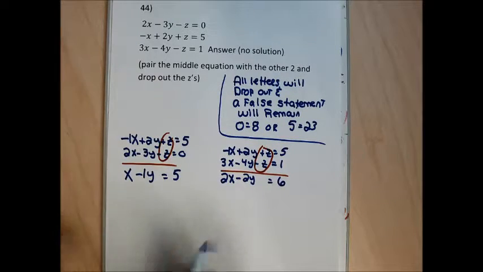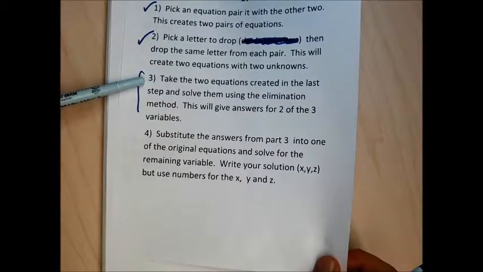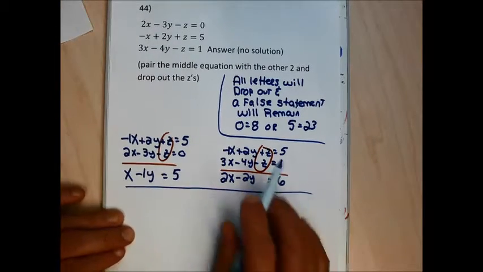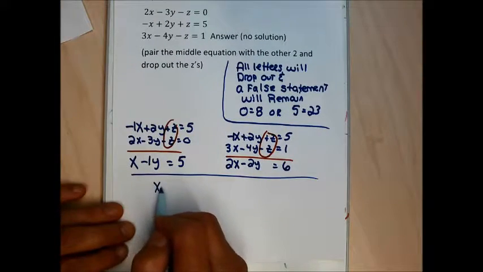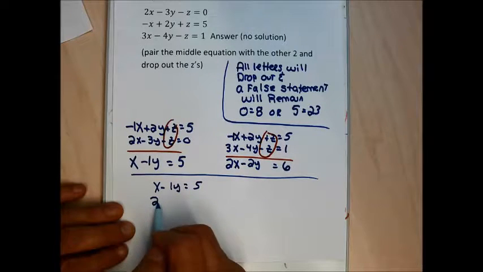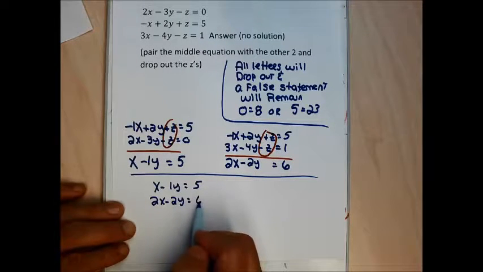Alright, now done with step 2, on to step 3. Take the two equations created in the last step, solve them using the elimination method. So take these two equations: x minus 1y equals 5, and 2x minus 2y equal to 6. I'm going to drop out a letter.